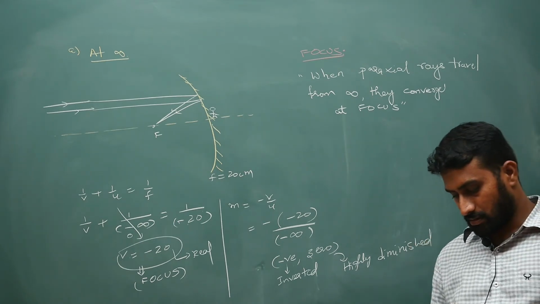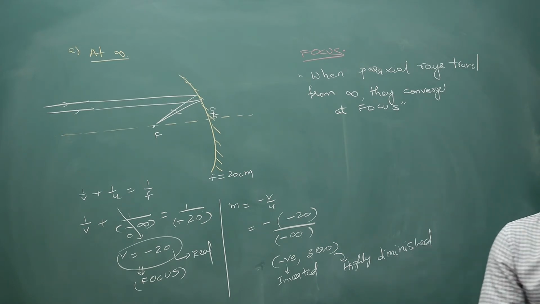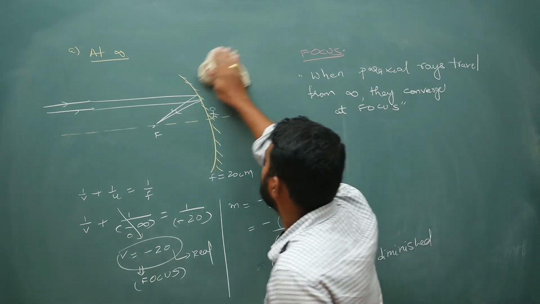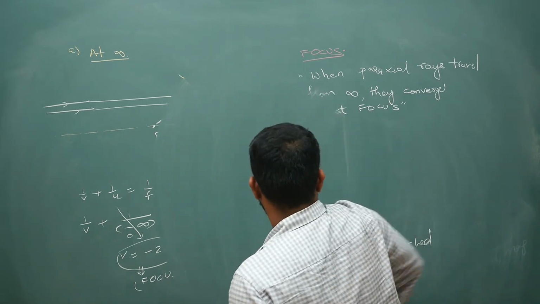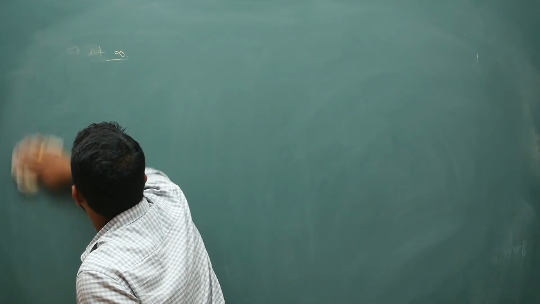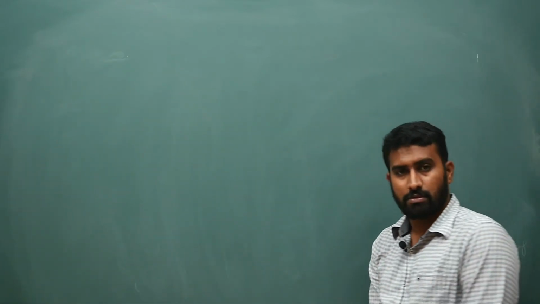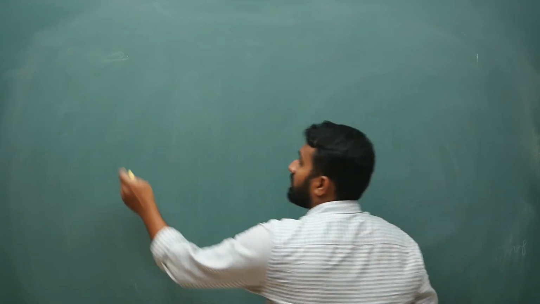Do it fast. I will do it because I am running short of time. Already it's too late. Next, second case at 60 centimeter. Okay, I will do it rapid fast.